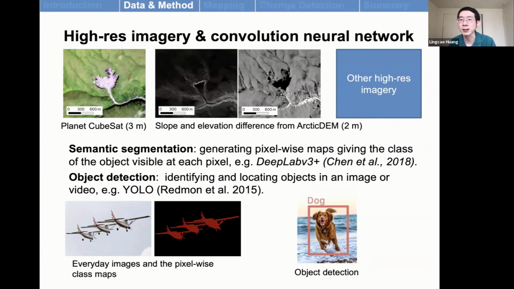Then we can also see some features from this topography-derived data. Then we humans can see that, and we can use algorithms to detect them. For the temperature, currently I don't include temperature. This is still a computer vision problem, so I'm not sure how to include temperature in this algorithm.